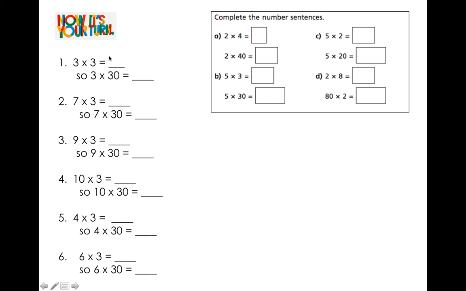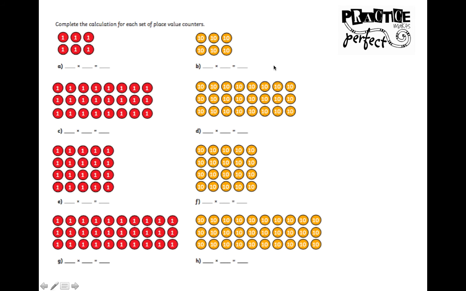So remember, you've got to times your answer to the first part of the question by 10, so moving everything to the left and adding on your placeholder 0. Again, here you've got some further practice questions to help you with multiplying the numbers. So work out the answer to the first one, then multiply your answer by 10 to help you to get that more complicated fact.